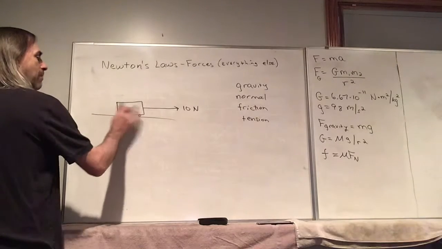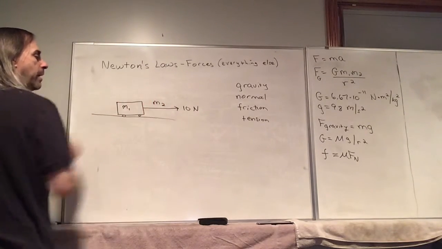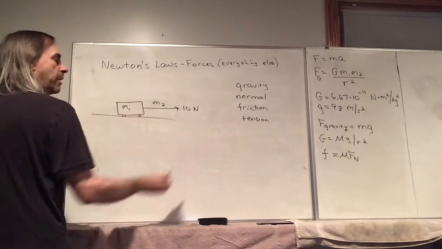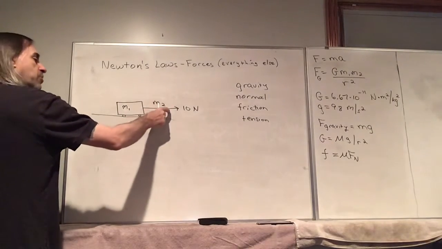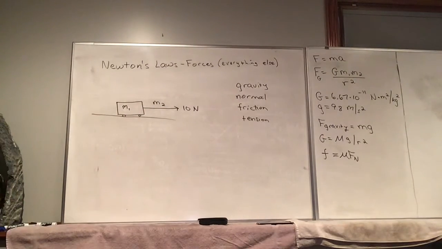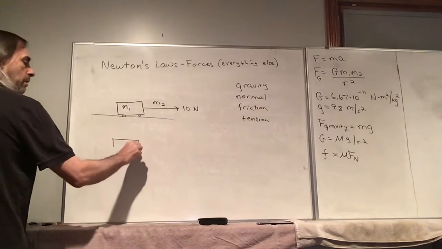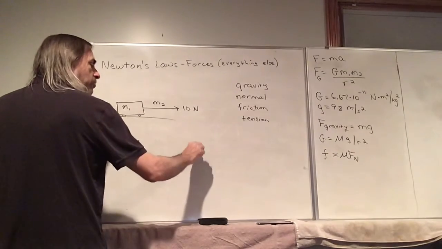Actually, let's call this M1. And let's call this string M2. And so what we're doing is we have two objects here. We're exerting a force on mass 2, and it's the string that's exerting a force on mass 1, which is this cart. So let's draw these as two separate objects. We have M1 here, and our string over here.